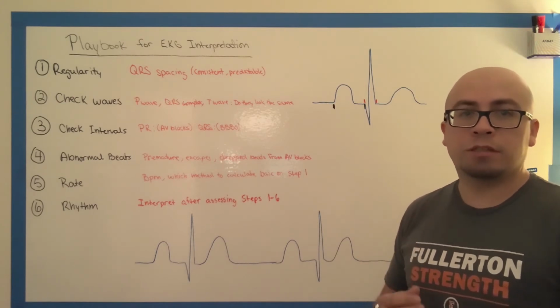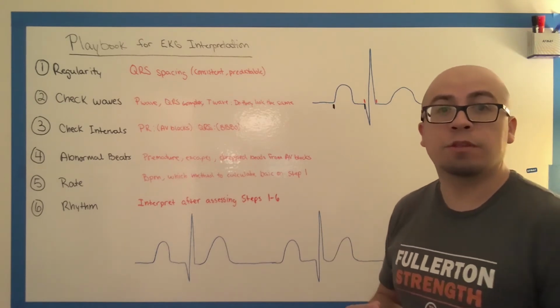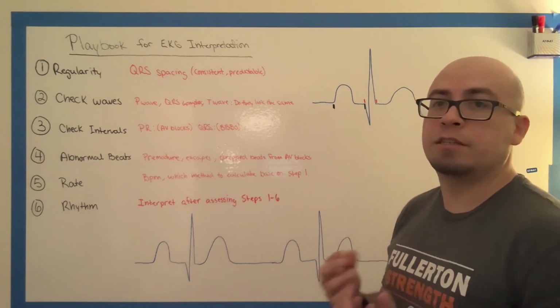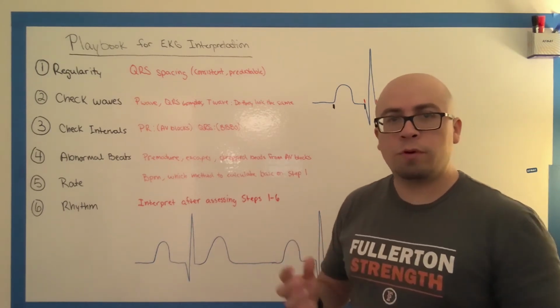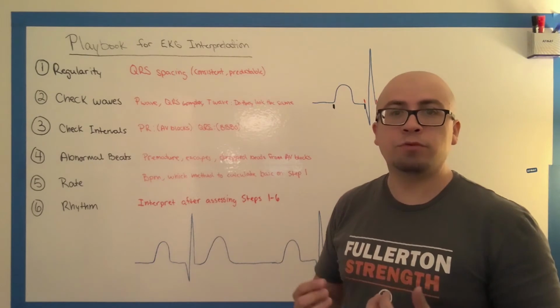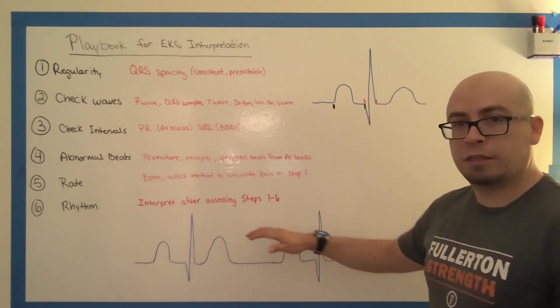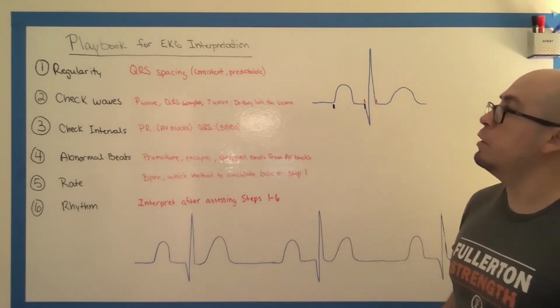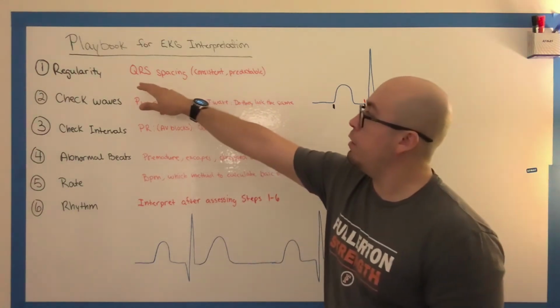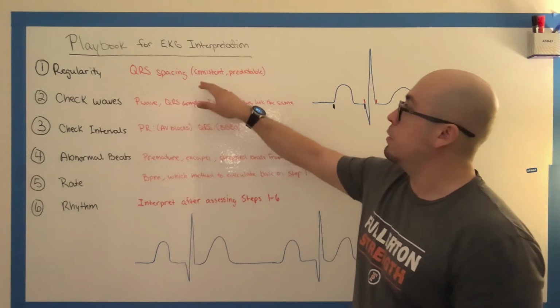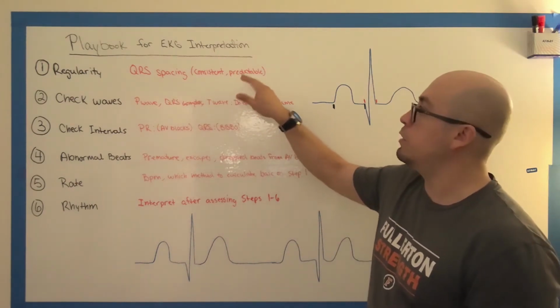That's what leads to something like a sinus rhythm, because the sinus node is the dominant pacemaker and it's always firing in healthy individuals. It will lead to a consistent, regularly spaced QRS to QRS. So what we're looking for again is regularity, consistent QRS spacing. We want to make sure it is predictable.